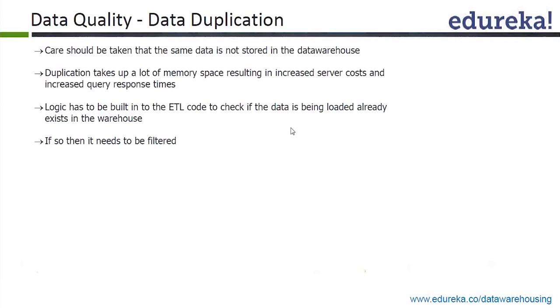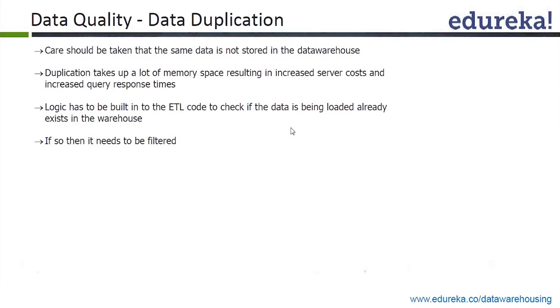Next one is data duplication. This is basically just redundant data. I wouldn't say it is a very serious data quality issue, but it's still applicable, because data duplication in your data warehouse can cause a lot of memory space issues.